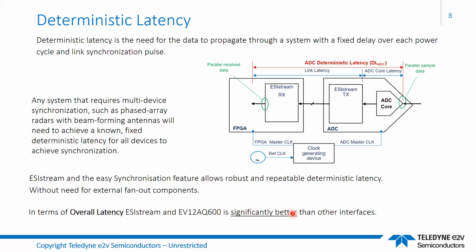So the EasyStream and AQ600 overall latency is significantly better than any other serial interfaces that you can see on the market. And so this also has an effect on a potential application in electronic warfare systems, where you need either to react quickly or to follow a frequency that's hopping quickly as well.